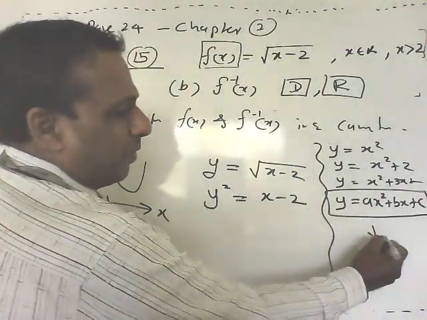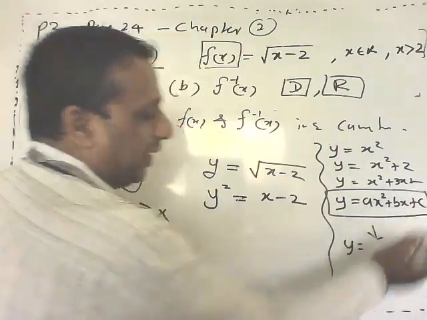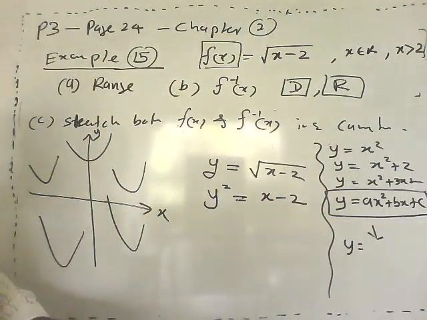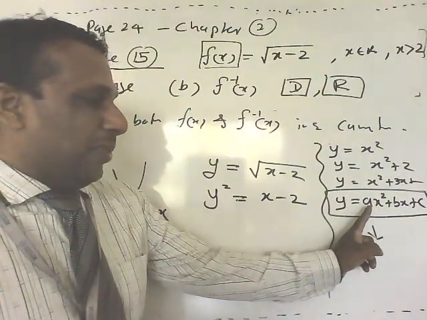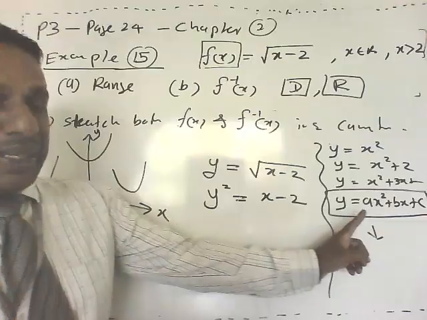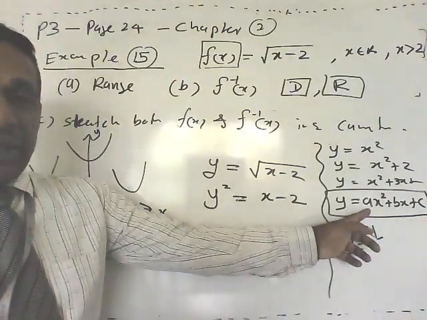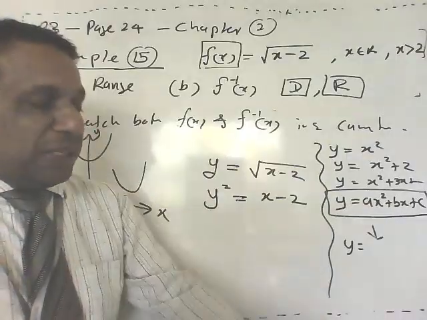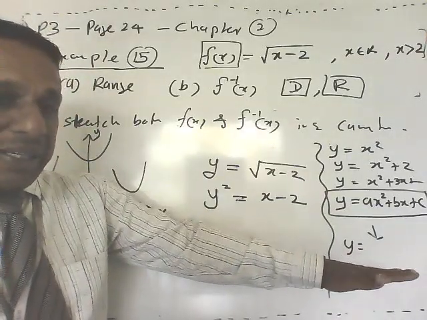So we talked about a lot of things in this form, that is y is equal to ax squared plus bx plus c, the parabola. We talked about the discriminant, and if the discriminant is less than 0, what would happen, and also if a is greater than 0, what would happen, and what would be the line of symmetry, and the coordinates of the minimum point.